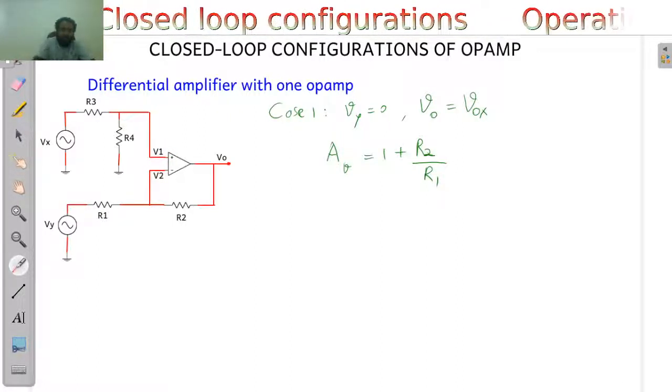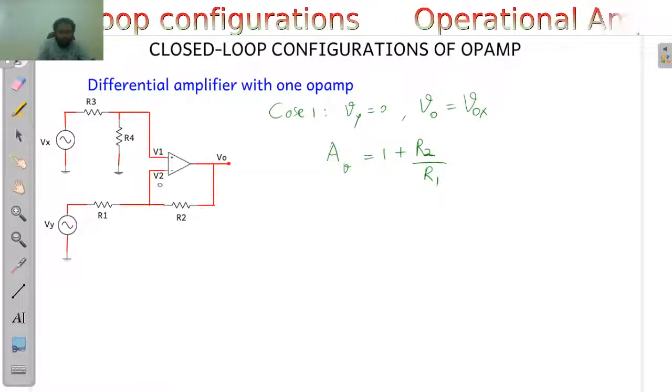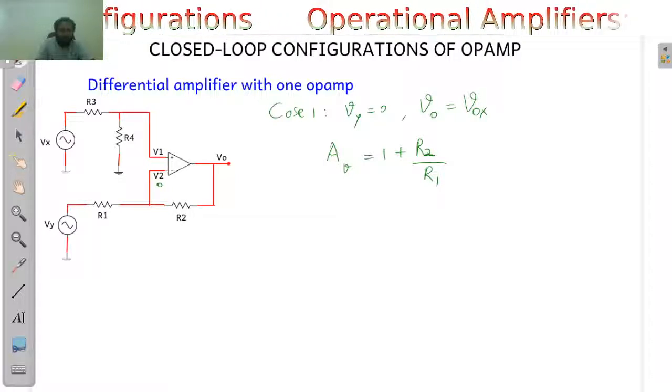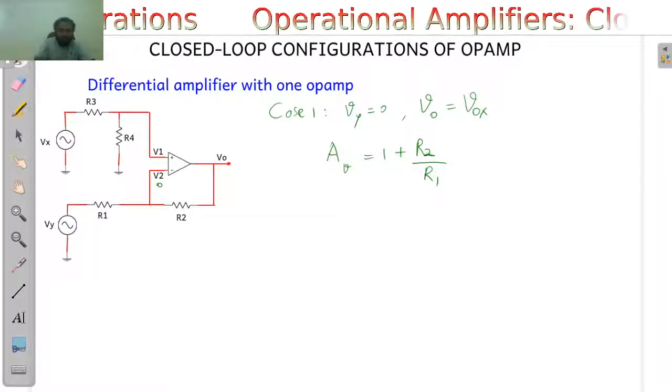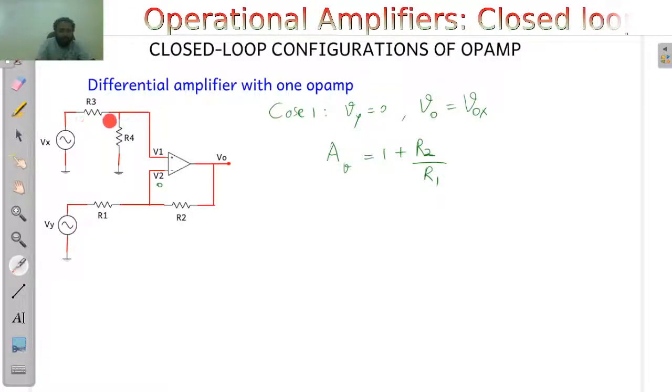In this case, V2 will be equal to 0 and V1 will be some scaling done using R3 and R4.